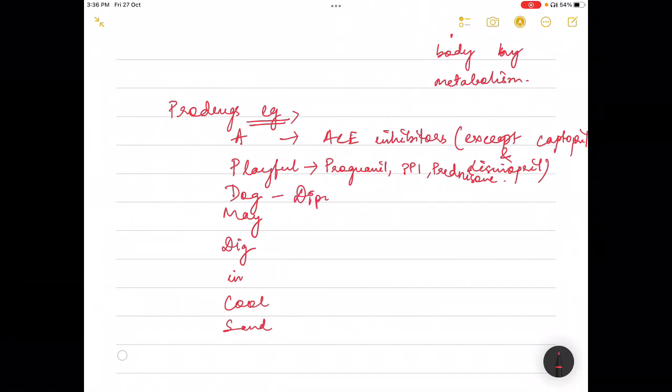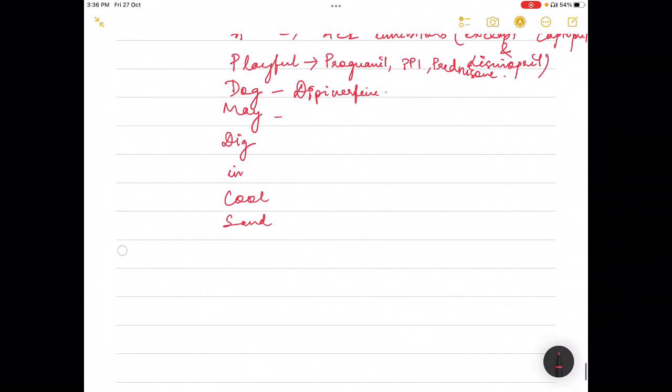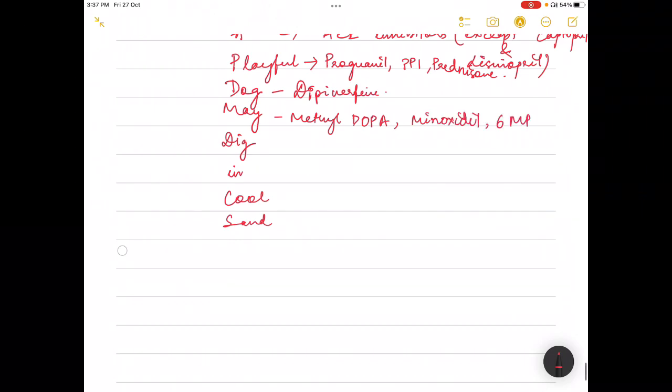D for dipivefrin. M for methyldopa, minoxidil, and 6-mercaptopurine. D for levodopa.